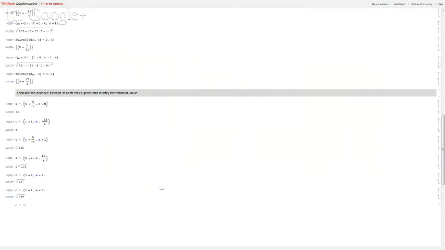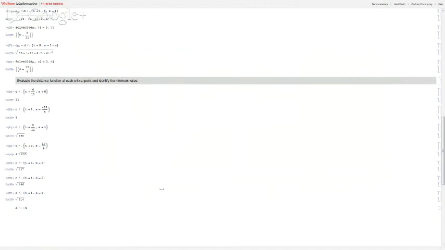D evaluated at t is 1 and s is 1. And finally, d evaluated at t is 0 and s is 1.